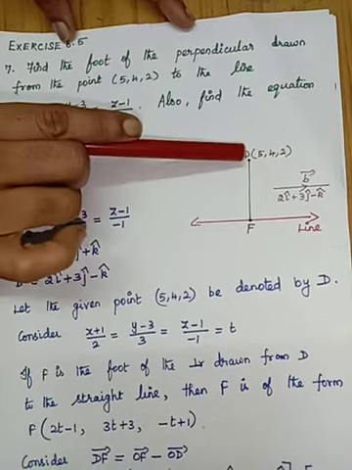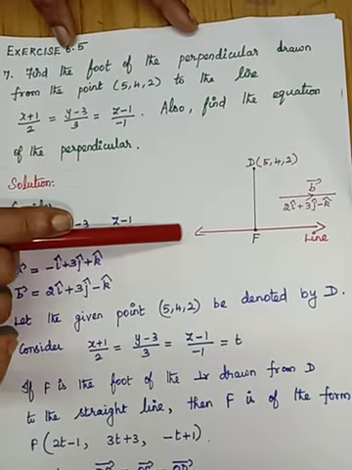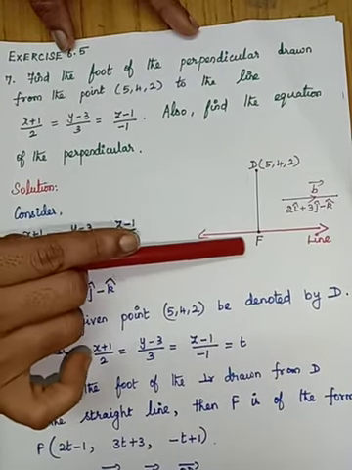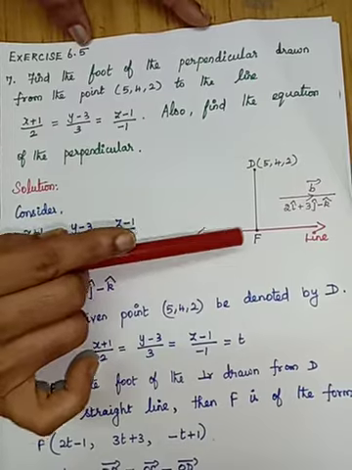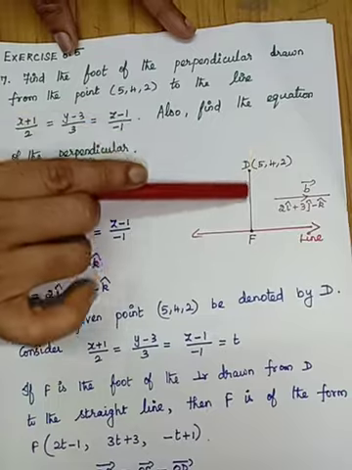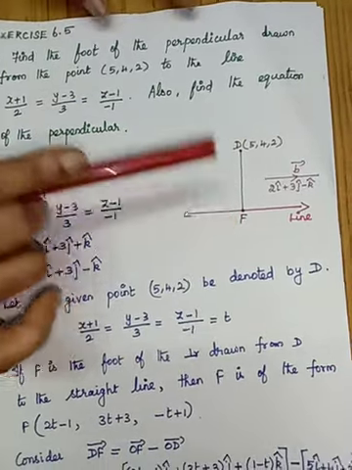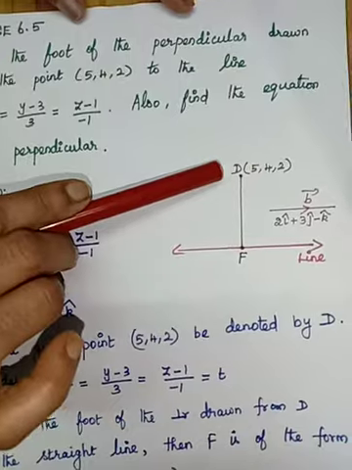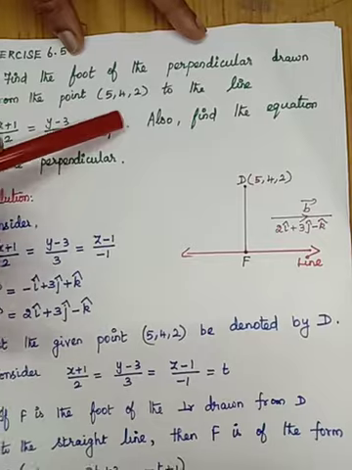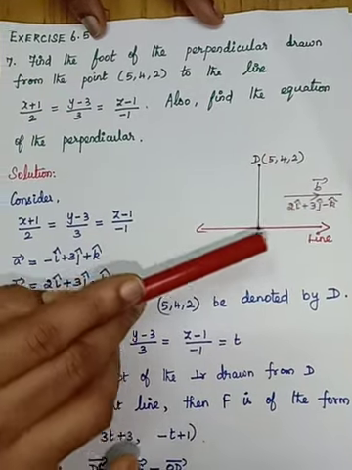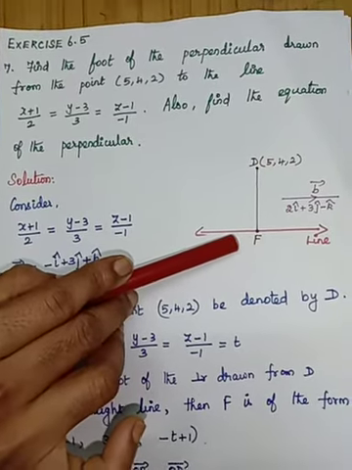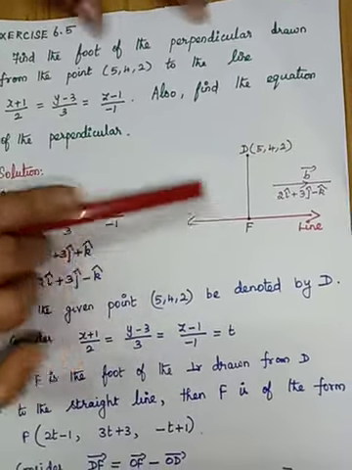So from this point, if you draw a perpendicular line to the given line, then F is called the foot of the perpendicular. You have to find the coordinates of F, and also find the equation of DF.